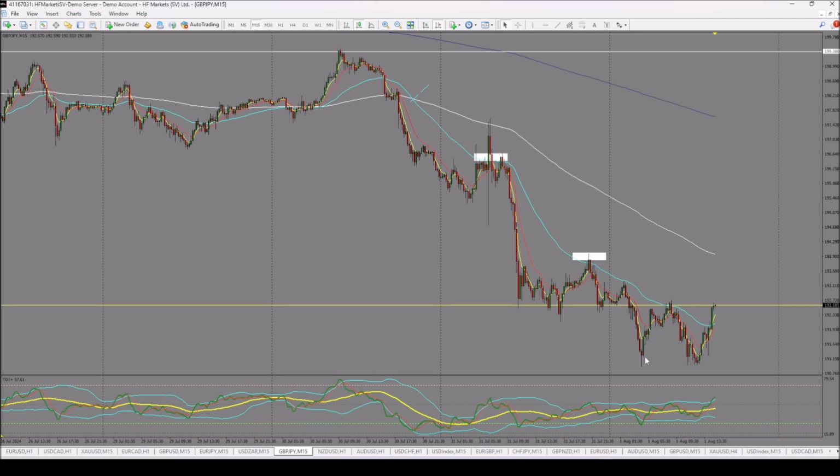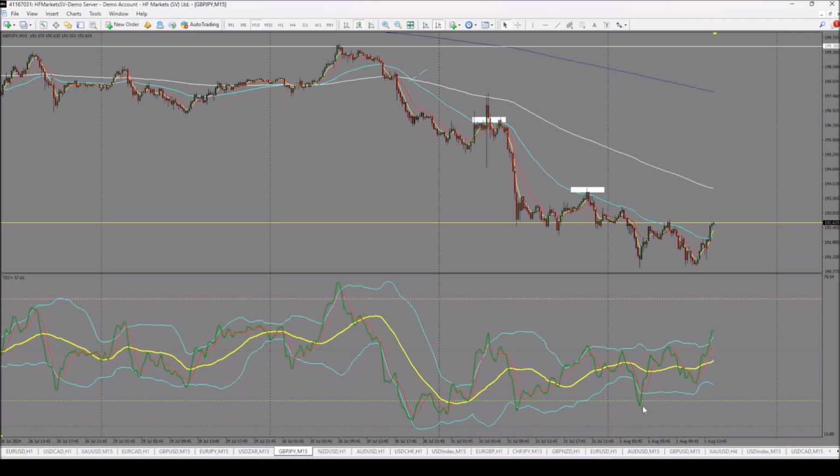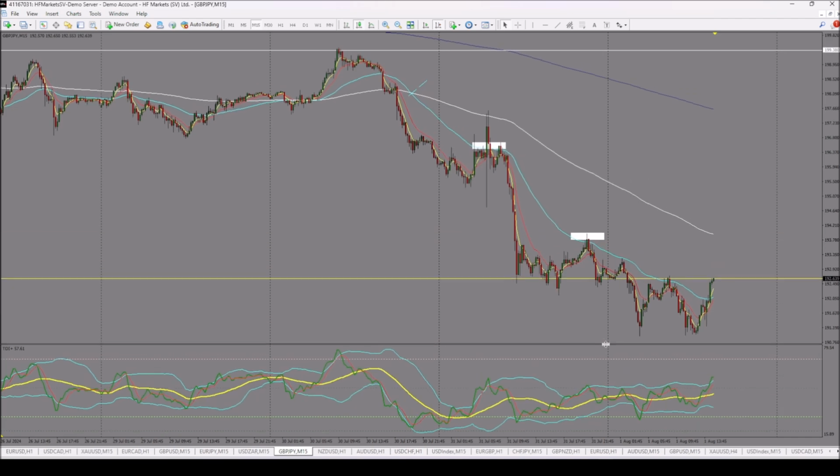In this particular case, we can see there was a first leg, a second leg, and on the traders dynamic index we had a confirmed divergence, whereby we can see the relative strength rising, right? This first leg is lower than the second leg, giving us a sign of relative strength rising. So our entry will always be at the second leg.